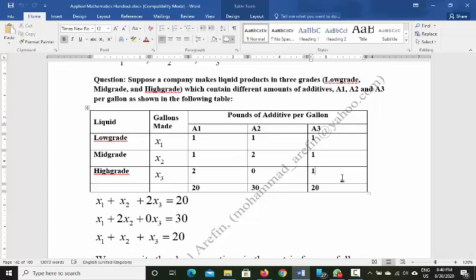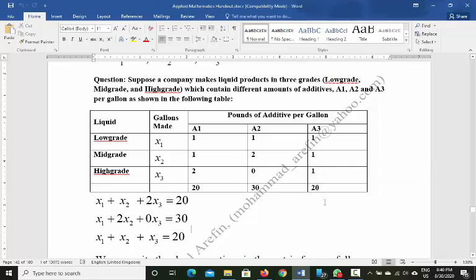Now we need to find out how many gallons of low grade, how many gallons of mid grade and how many gallons of high grade liquid we need to produce with the available resource. Available resource means we have total 20 pounds of A1 additive, 30 pounds of A2 additive, and 20 pounds of A3 additive.